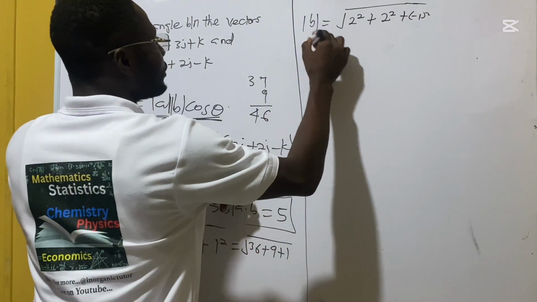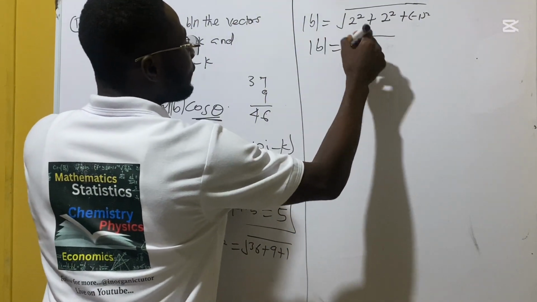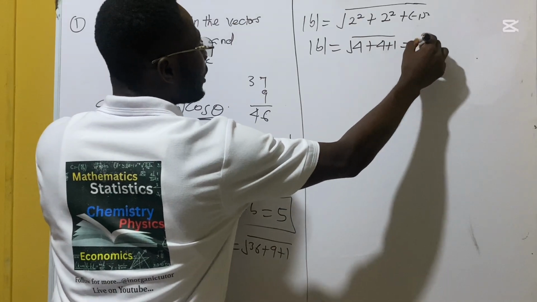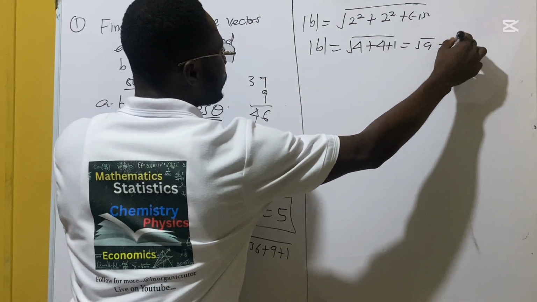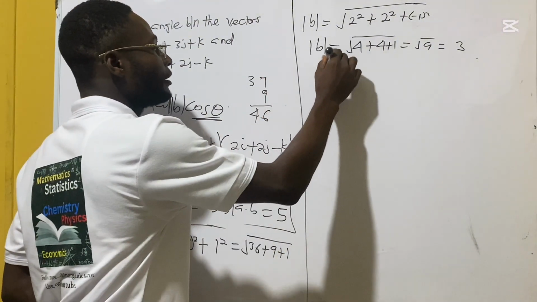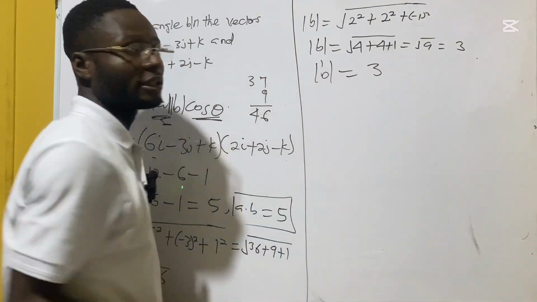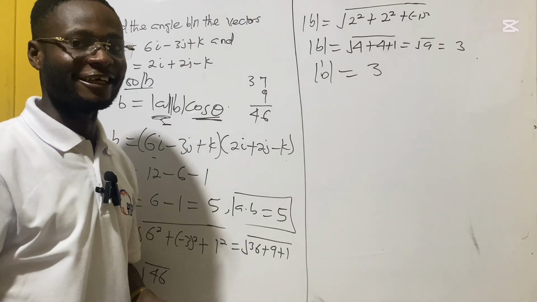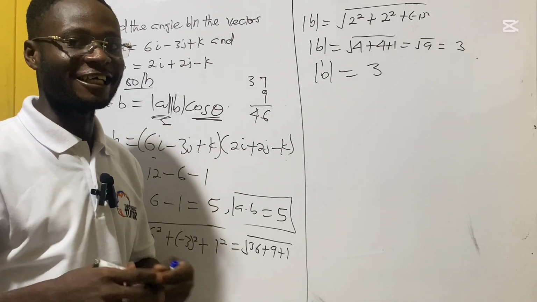So the magnitude of B equals the square root of 4 plus 4 plus 1, which is the square root of 9, and that is equal to 3. So the magnitude of B is equal to 3. Wow, the game is getting interesting.